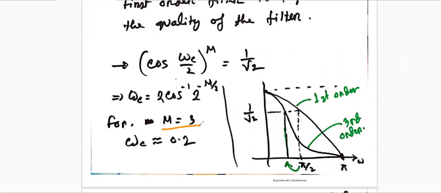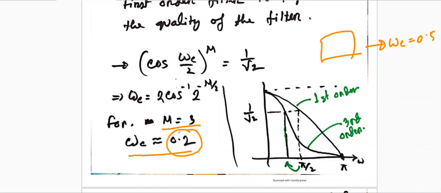For m equals 2, now the cutoff frequency omega c is equal to 0.2. Previously, when there was a single one, omega c was equal to pi by 2. Pi by 2 means half, 0.2 means 0.2. They are reducing.